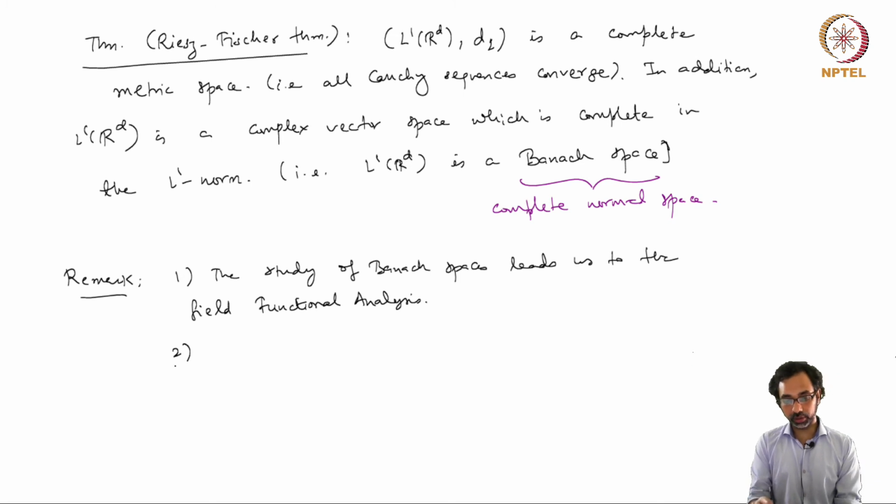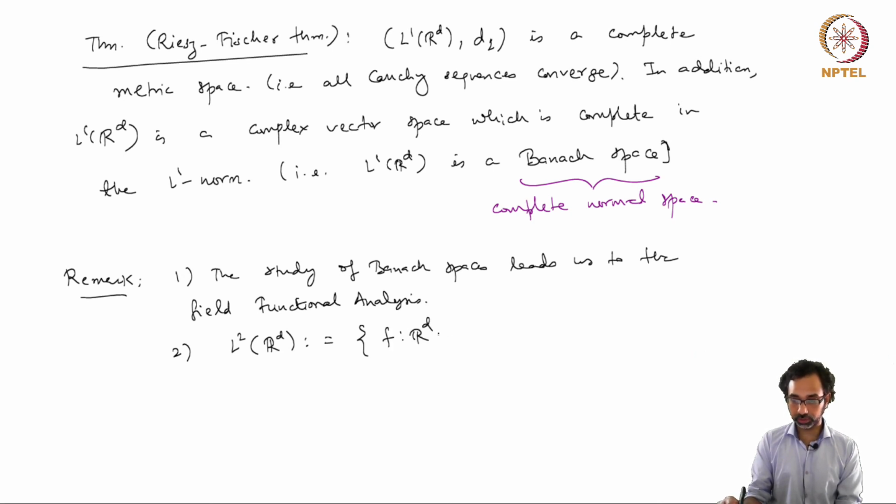And in particular the space of L2 functions on R^d, which is defined as the space of complex measurable functions such that modulus f squared belongs to L1(R^d), is a so-called Hilbert space.